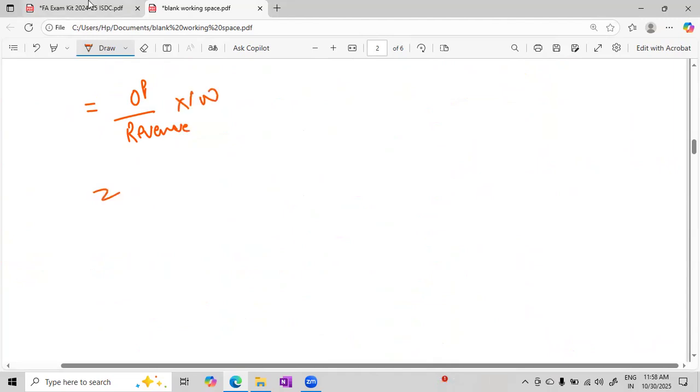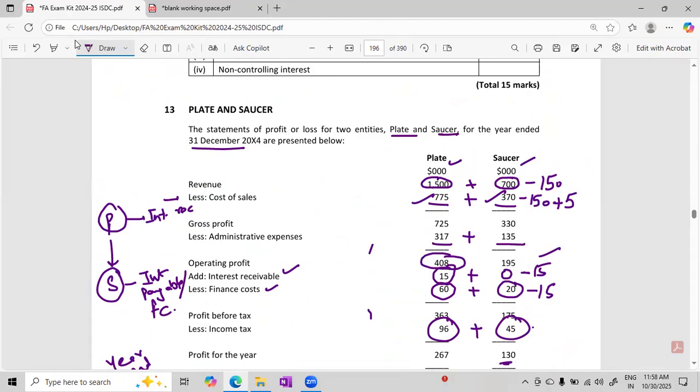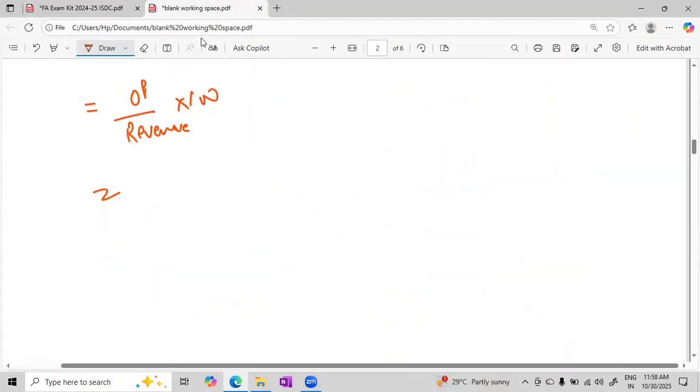You just have to put the values in the formula. So 408 divided by 1500, into 100. It's coming out to be 27.2%.